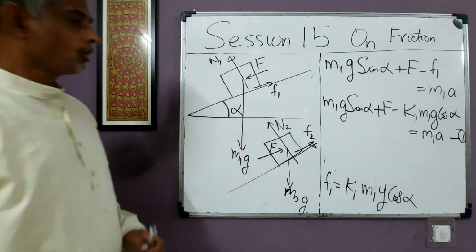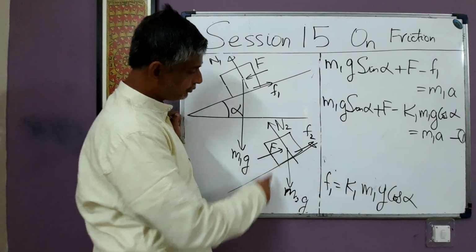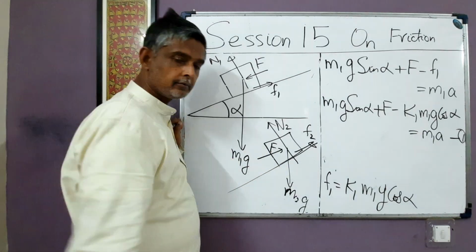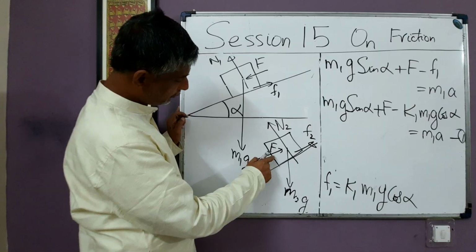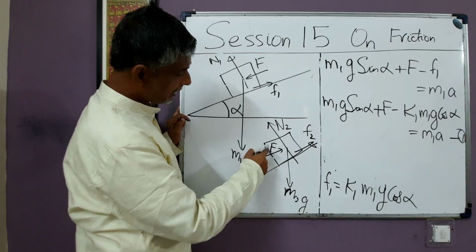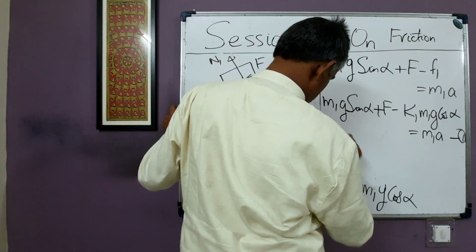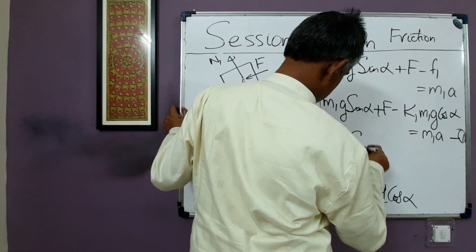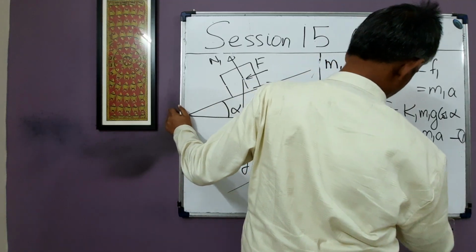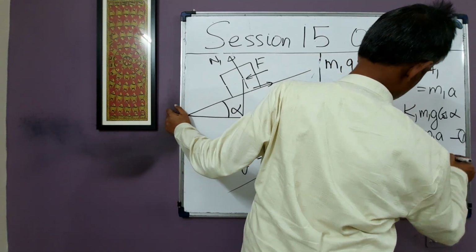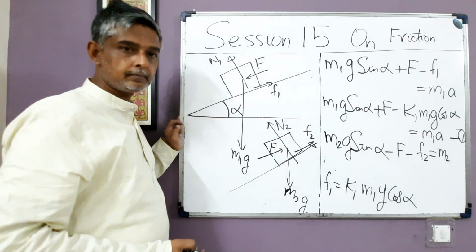Now I apply Newton's second law to this block B2 of mass m2 down the inclined plane with respect to ground again. Down the inclined plane, the forces are m2g sin alpha minus F minus F2, equal to m2 into the acceleration of this block with respect to ground down the incline.